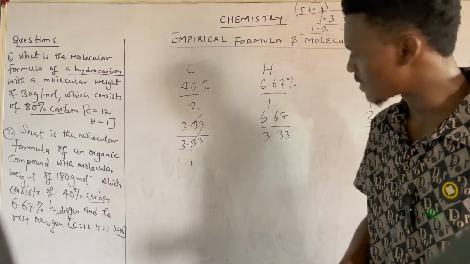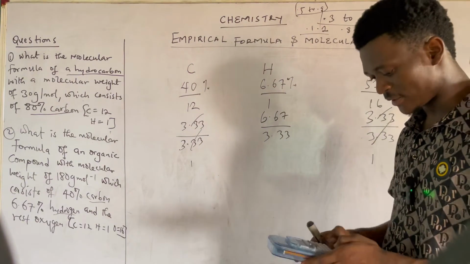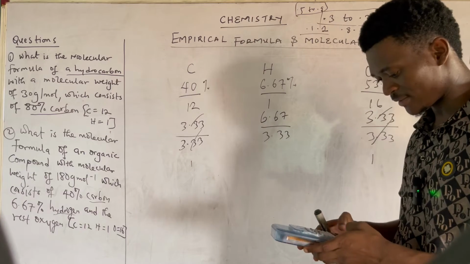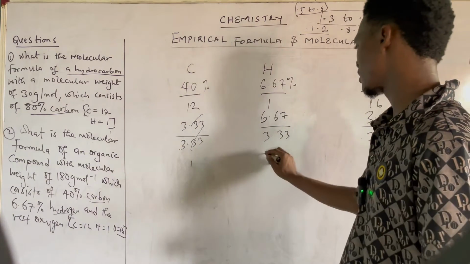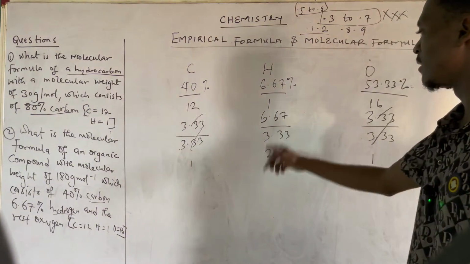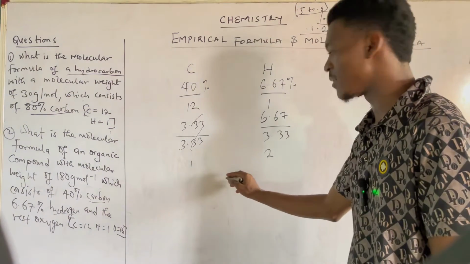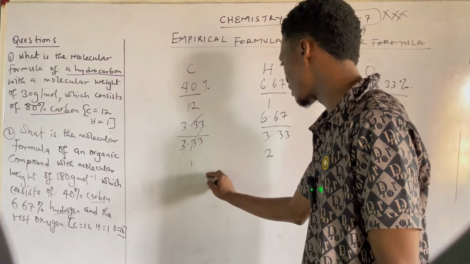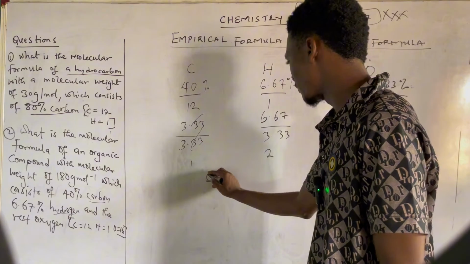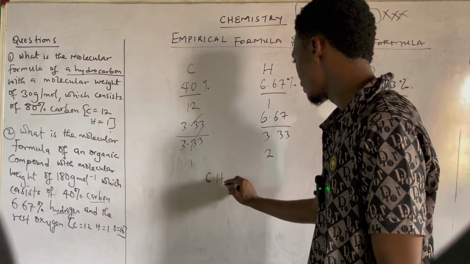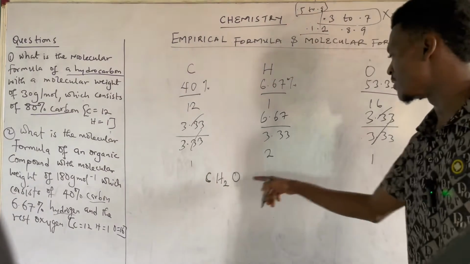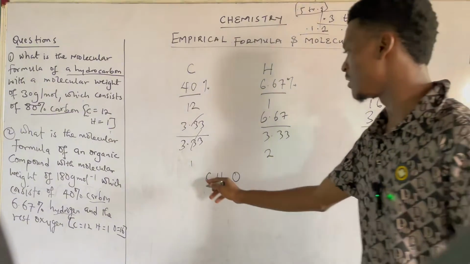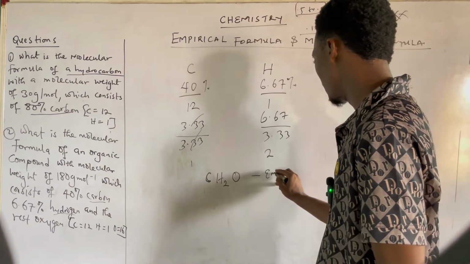Then 6.67 by 3.33 is 2.0, so approximately 2. So bringing the empirical formula out, it becomes CH2O, because we have 1 carbon, 2 hydrogens, and 1 oxygen. So this is the empirical formula.